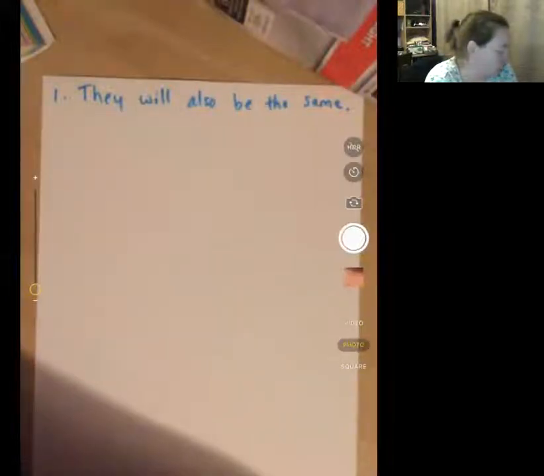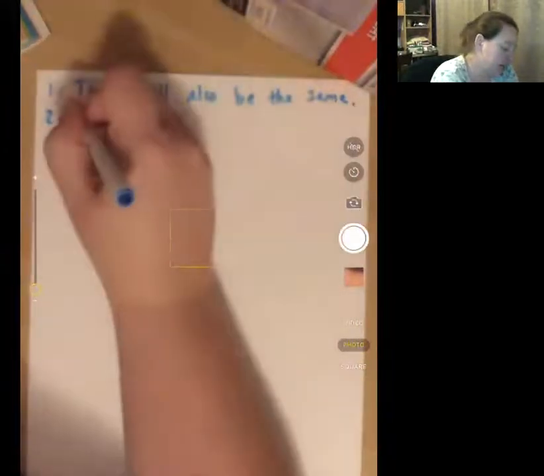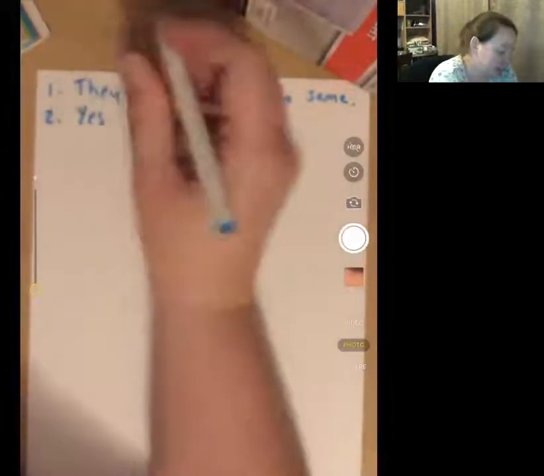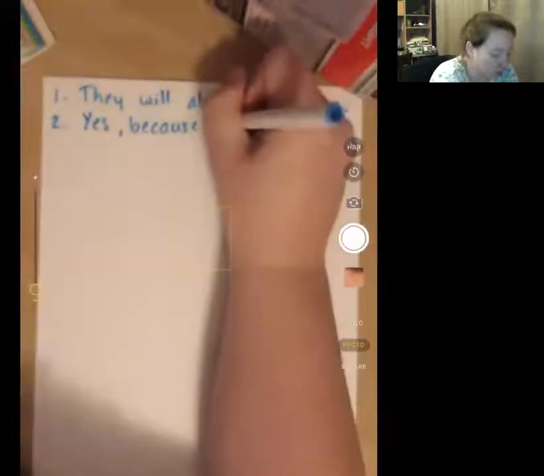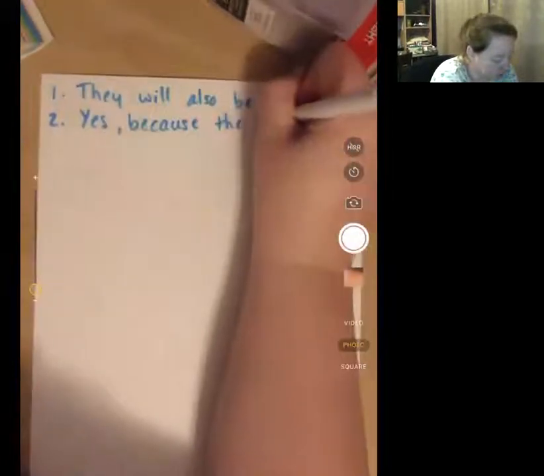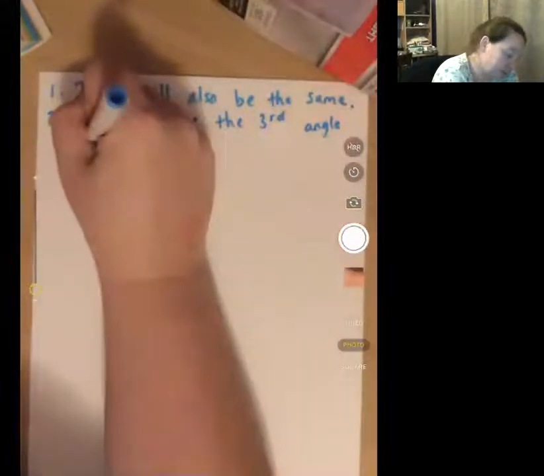Number 2, make a conjecture. Are 2 pairs of congruent angles enough information to conclude that 2 triangles are similar? I would say yes, because the third angle will always be the same.